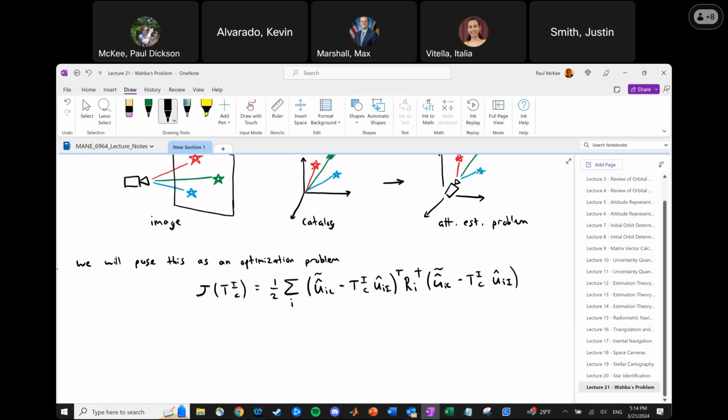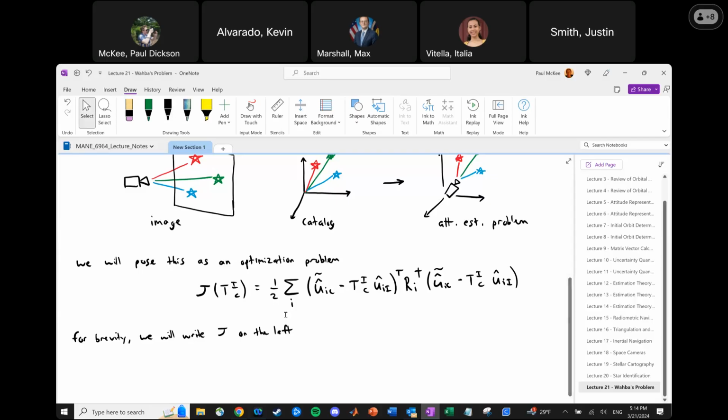So for brevity, we will write J on the left-hand side. I don't feel like writing J of T from I to C. And then, yep, that's good enough for now. So we want to minimize this.